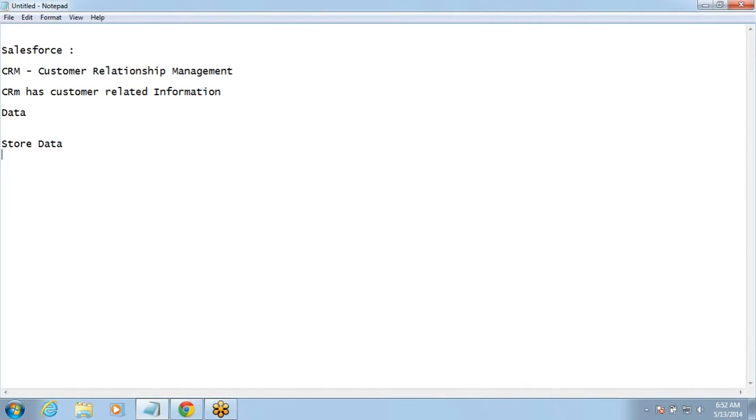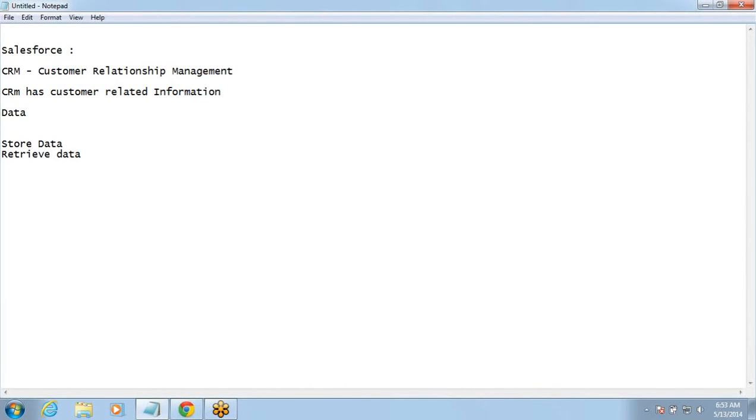Secondly, what you need? You also need to retrieve data. Fine. So putting the data into the system is one part. Retrieving it, and with that particular speed, fast retrieval of data, is also required.